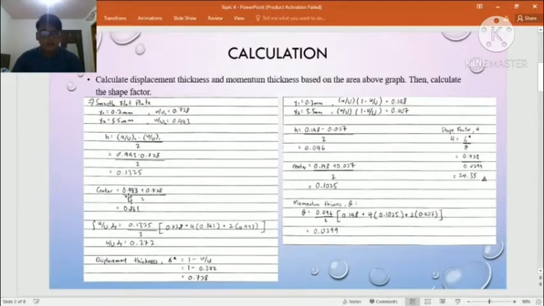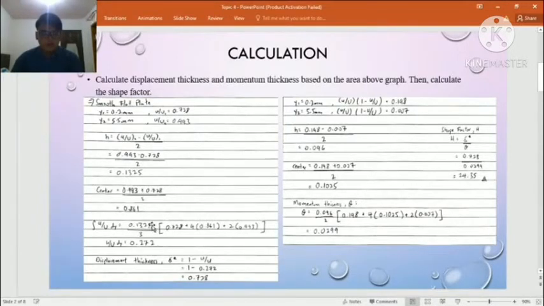Then we find the center, which is the sum of the velocity ratios 1 and 2 divided by 2, and we get 0.861.